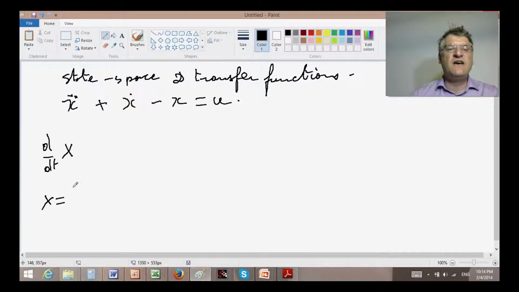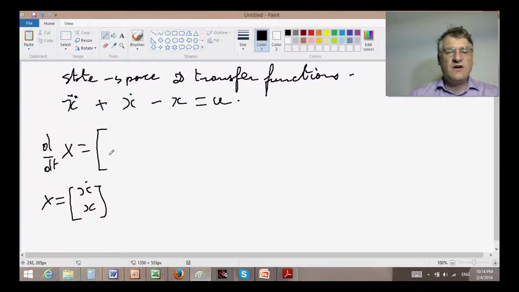Now I have defined x to be, let's change things a little bit, x dot and x. So I invert the role of x and x dot. In which case d dt of x will be equal to, well, we start with the bottom vector, it will be x.